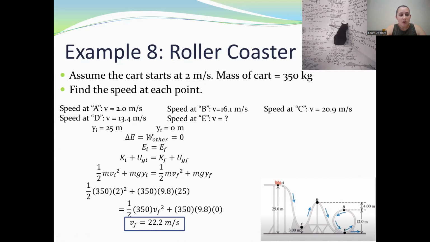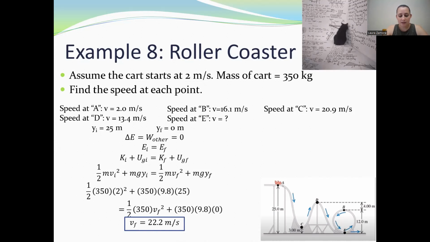Okay, so I'm just going to start typing into my calculator the numbers that I have here. So 1/2 or 0.5 times 350 times 2 squared. So that first term in our equation is 700.